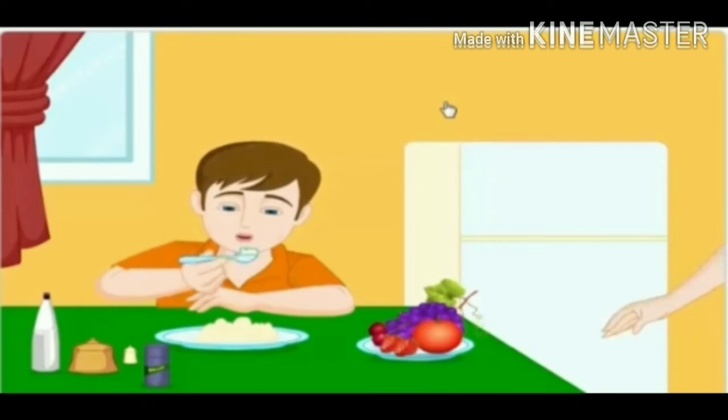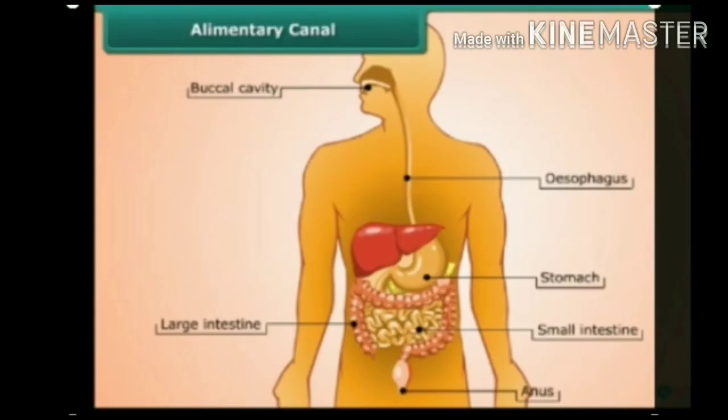Have you ever wondered what happens to the food inside the body? The food passes through a continuous canal, that is our alimentary canal, which begins at the buccal cavity and ends at the anus. The digestive tract and the associated glands together constitute the digestive system.